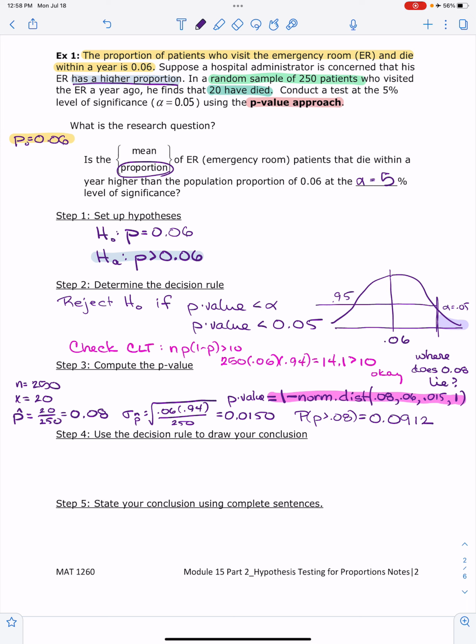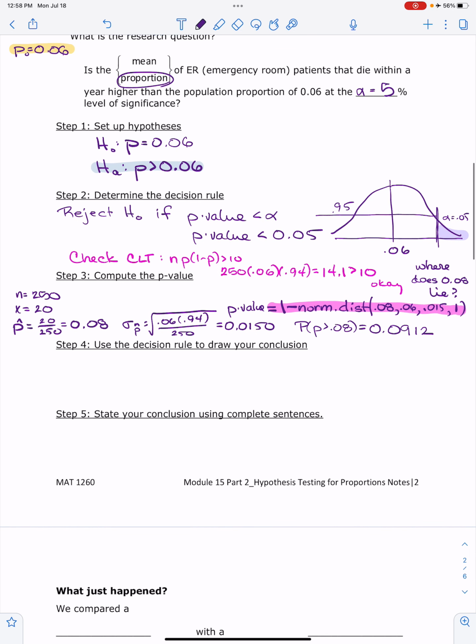So we need to use that decision rule to draw my conclusion. I get 0.0912. That is greater than 0.05. So my p-value is actually greater than my alpha.